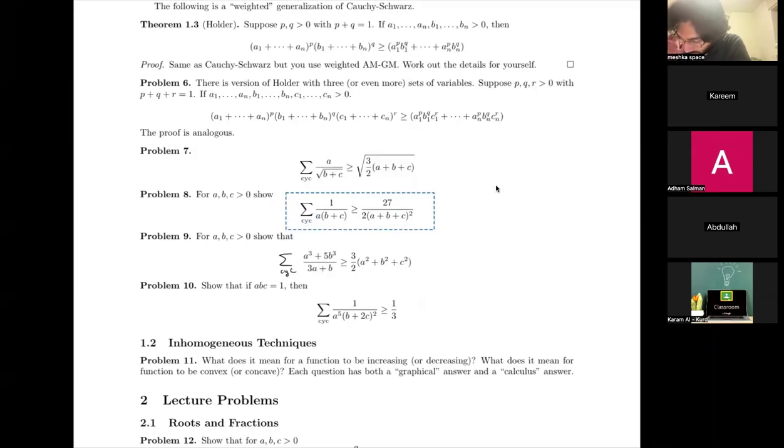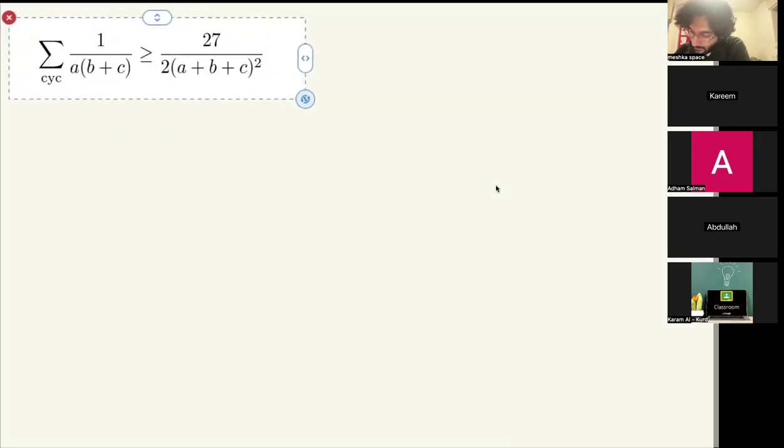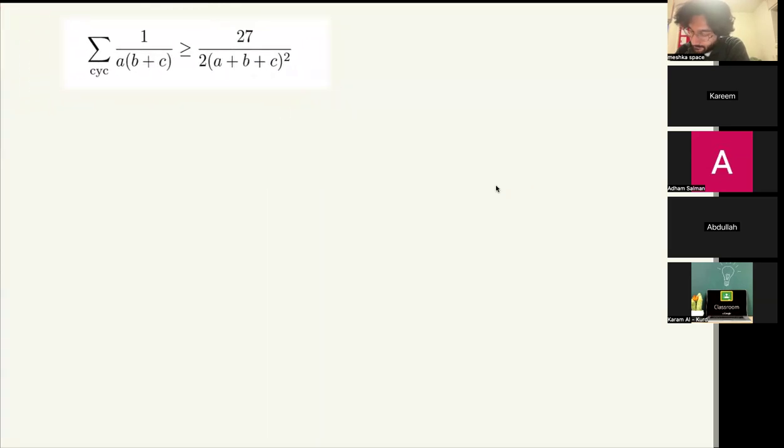Okay, let me do it. Maybe do the following thing and you'll understand what I'm thinking. Let's look at this example. So here, neither of the terms are that bad, but you can still use Holder.